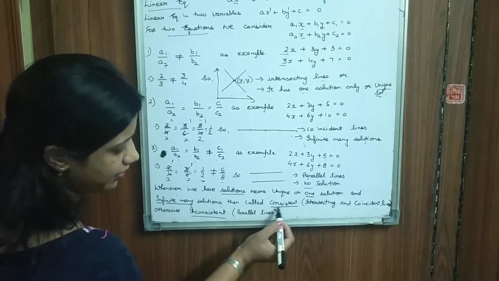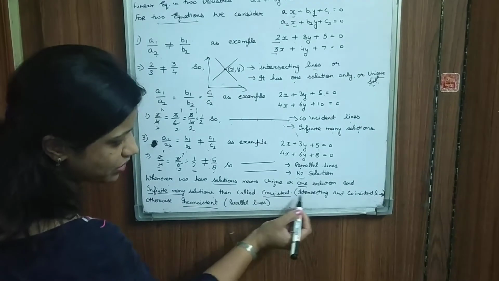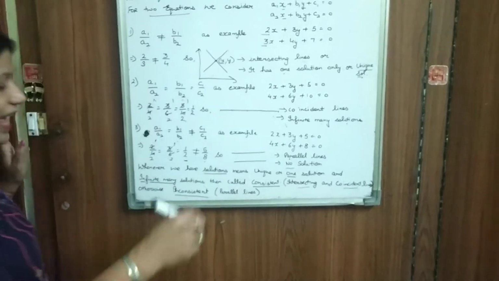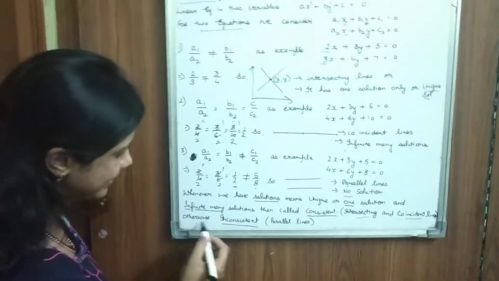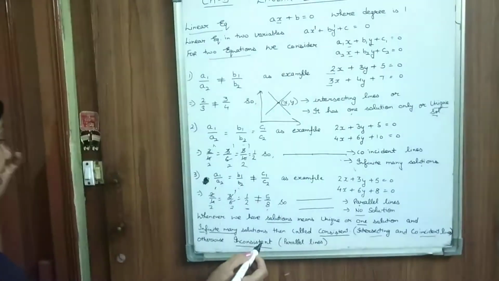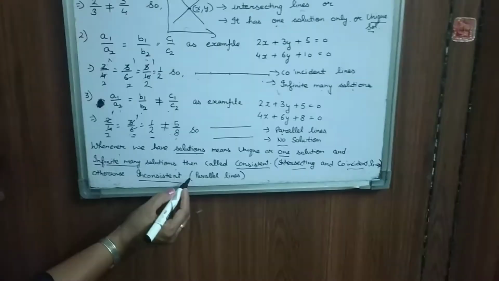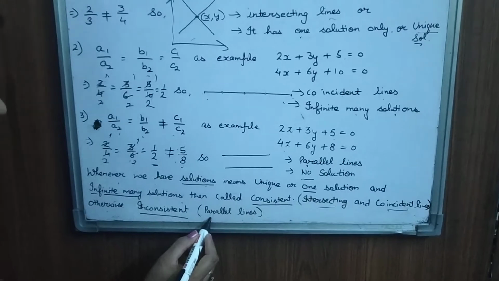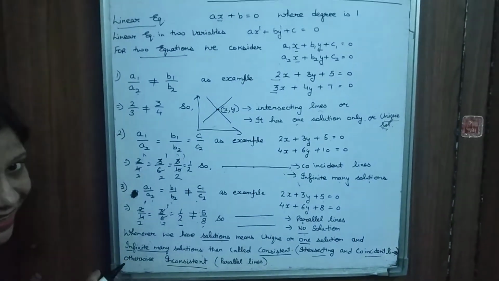This is the main point here. These are called consistent equations whenever intersecting lines and coincident lines are there. And when you have parallel lines, which never have any solution, these are called inconsistent.